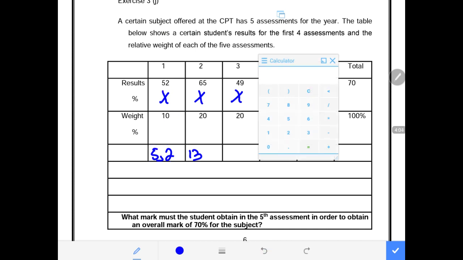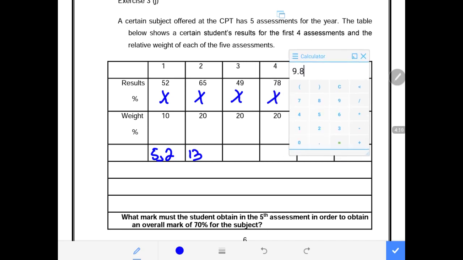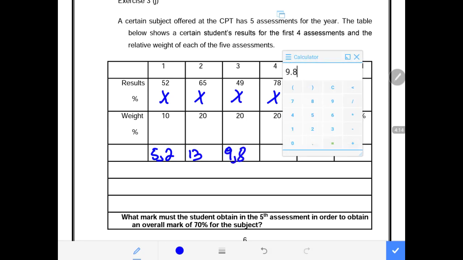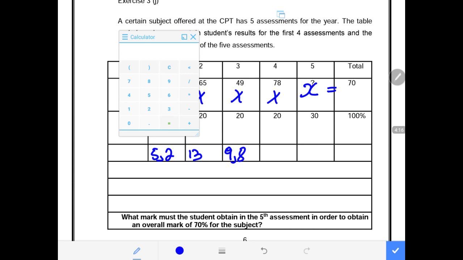Then the student got 0.49 out of the weight of 20 for the third assessment, of which the progress mark is 9.8. Then the fourth assessment, the student got an excellent mark, 0.78 times by the weight of 20%, then the student progress will be 15.6.